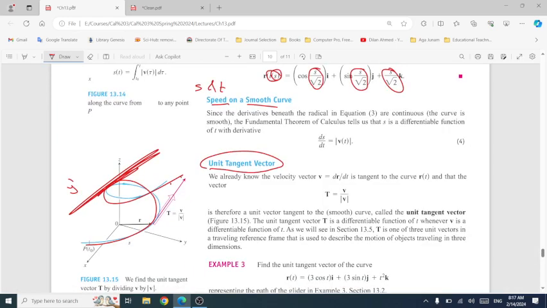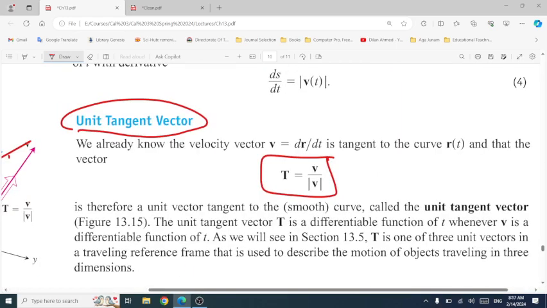So, here T capital is called tangent, and this V means velocity. What was the velocity in 13.2? First derivative of r. Acceleration was the second derivative of r. Do you remember that? Good.